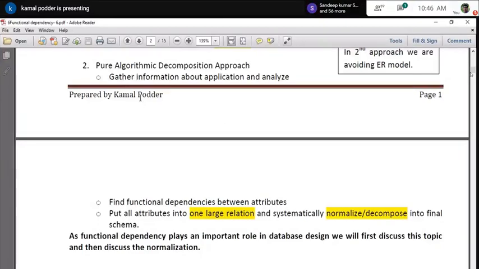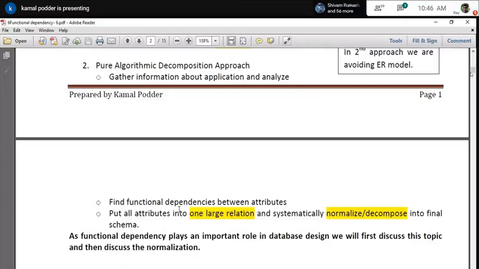In this case, the first part, the analysis and information gathering, is the same. Then you have to find out the functional dependency also, because in both approaches you have to find it. So naturally, you have to understand what functional dependency is.